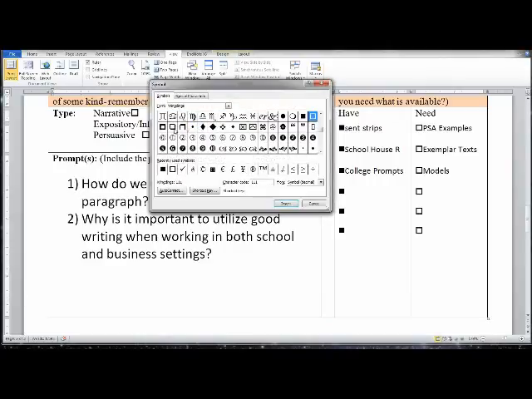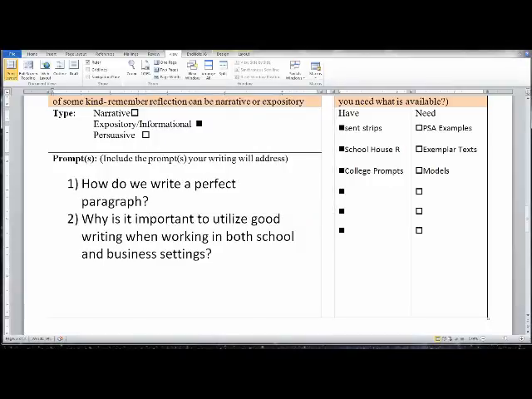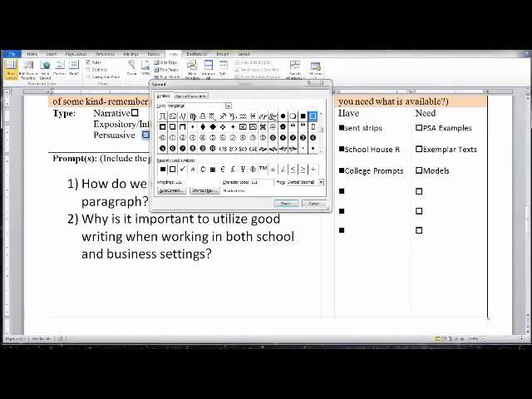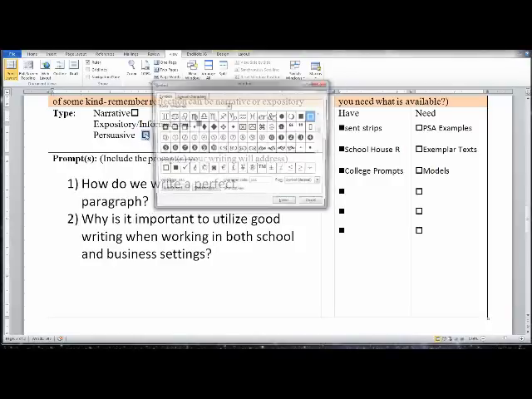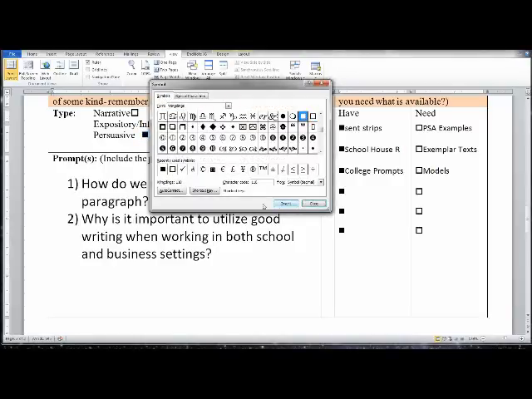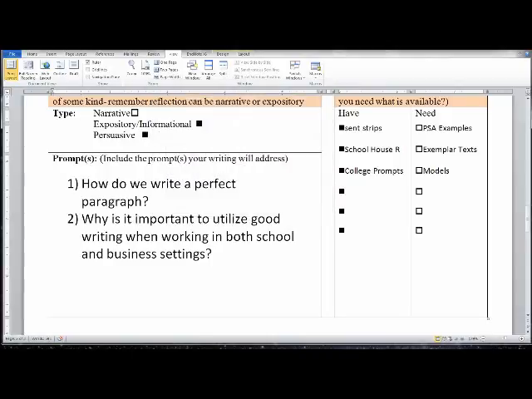So I'm going to check that box. And I have a persuasive component because we're trying to persuade students that writing is important. All right. So how do we write a perfect paragraph? That is going to be our expository. And why is it important to utilize good writing when working in both school and business settings? That'll be the persuasive.